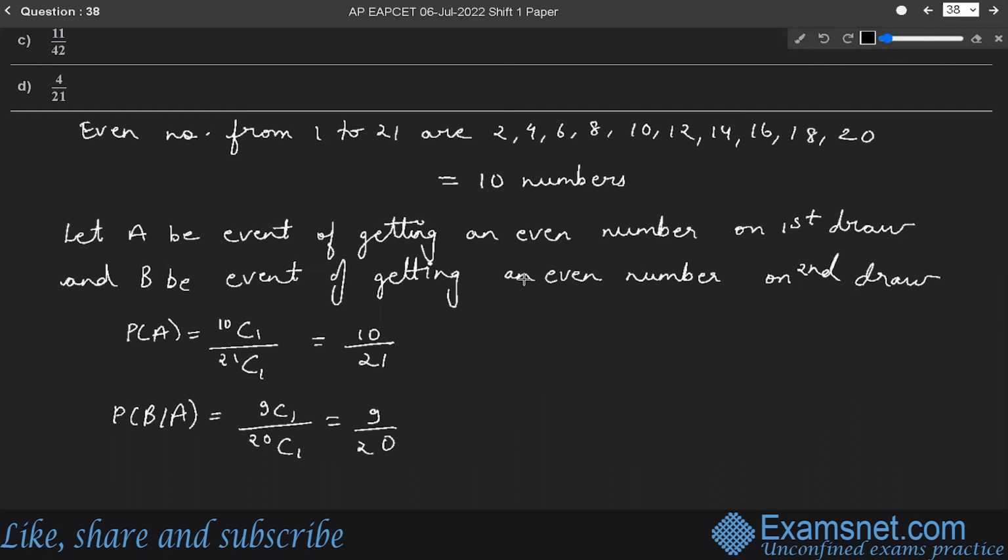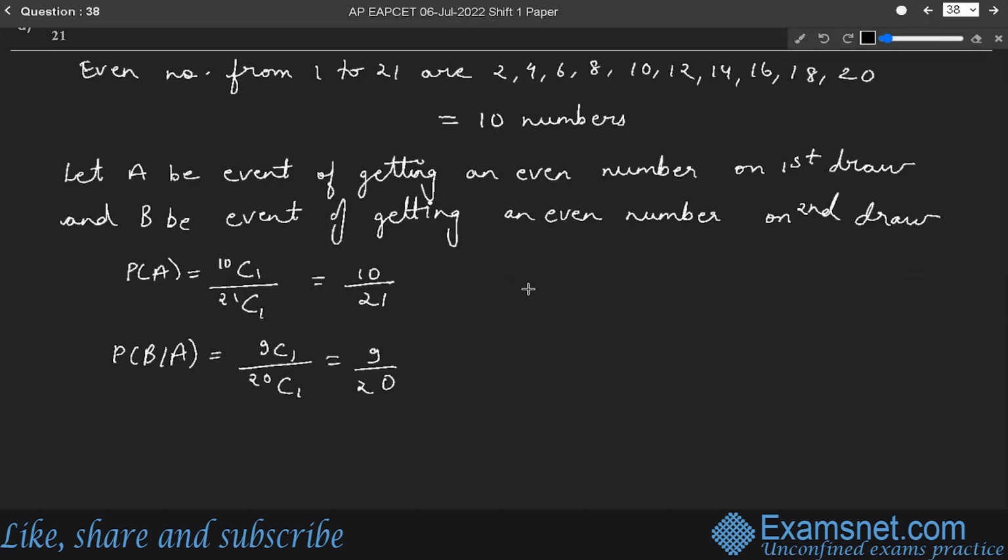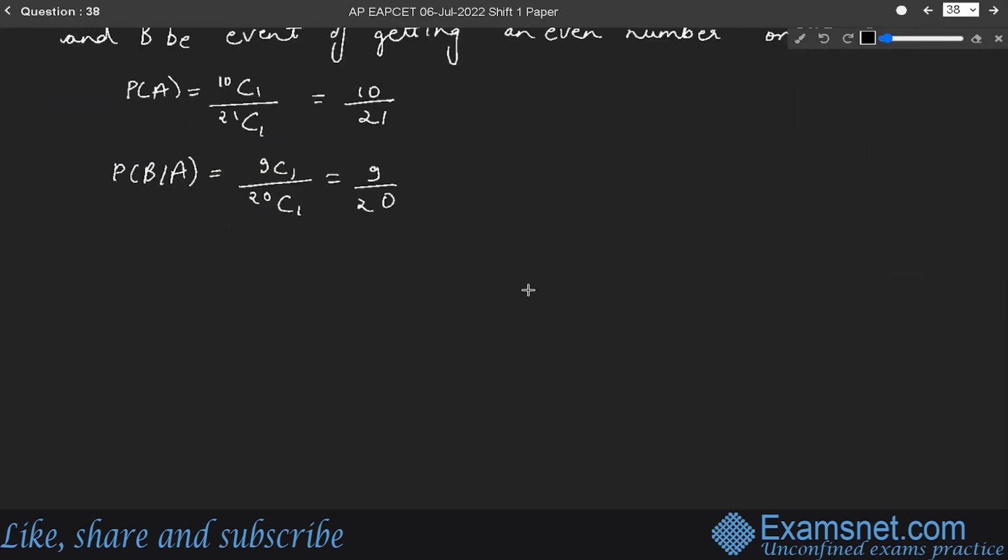Now we have the values for P(A) and P(B|A), and we have to find the required probability, which is P(A ∩ B). The probability that both toys will show even numbers is P(A ∩ B), which is equal to P(A) into P(B|A).